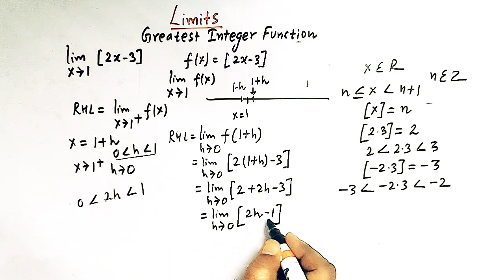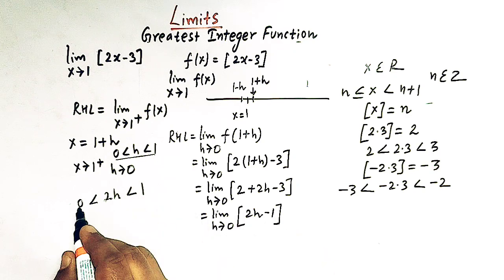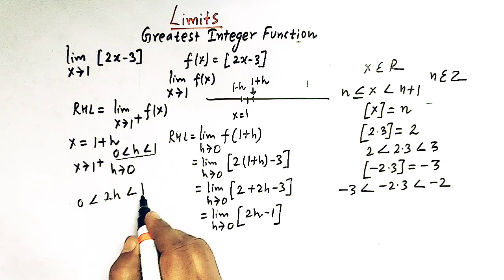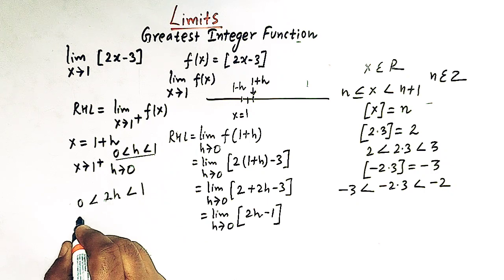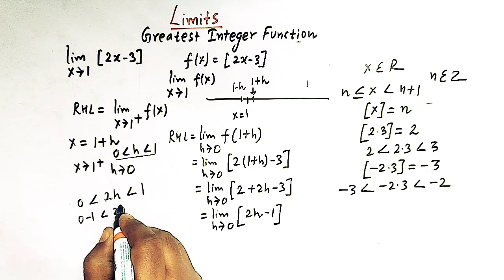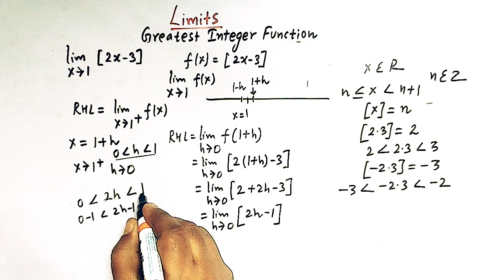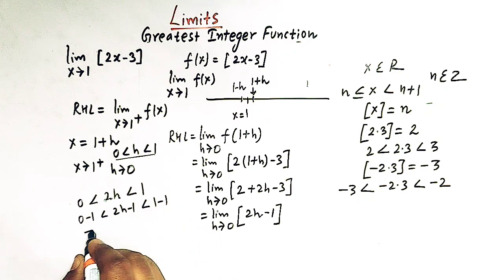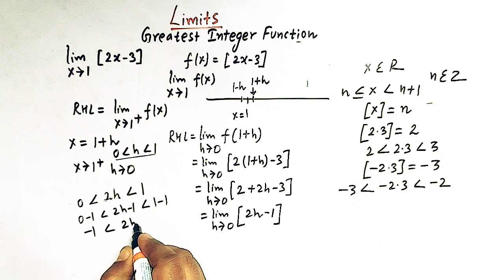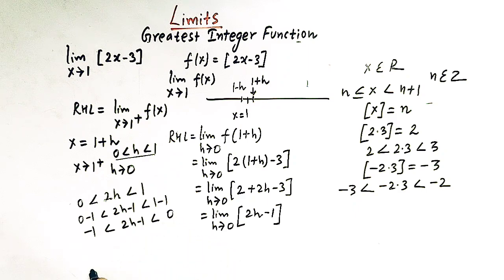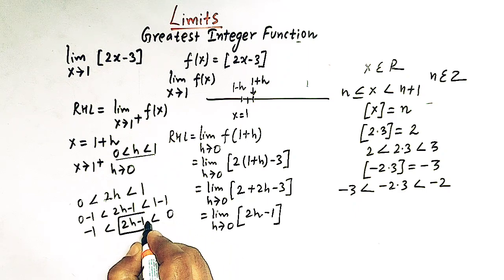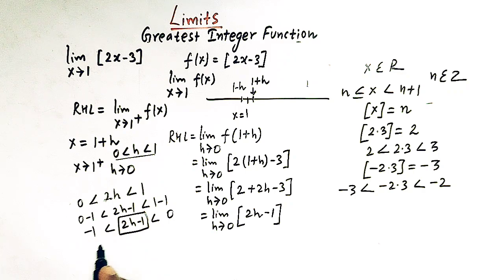And here we have 2h minus 1. If we subtract 1 throughout this inequality, then we have 0 minus 1, 2h minus 1, and 1 minus 1. So this is minus 1, this is 2h minus 1, and this is 0. So 2h minus 1 lies between minus 1 and 0.